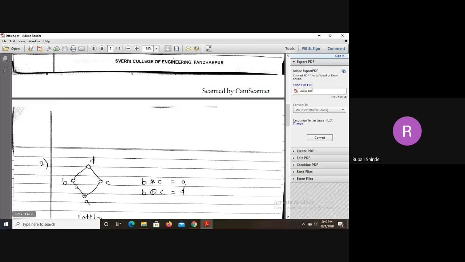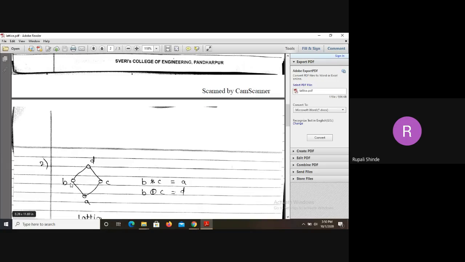Here we are just going to check for the elements B, C. These two elements are not connected by a direct line. That's why for this pair, we have to check whether there is a greatest lower bound and least upper bound.